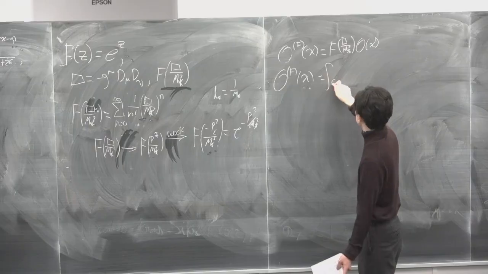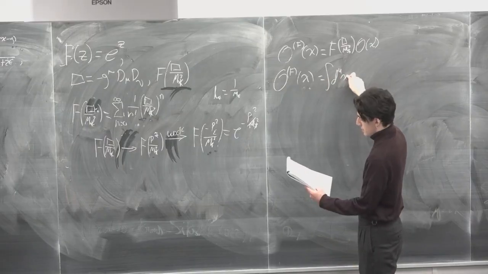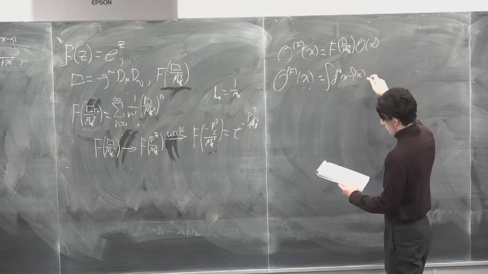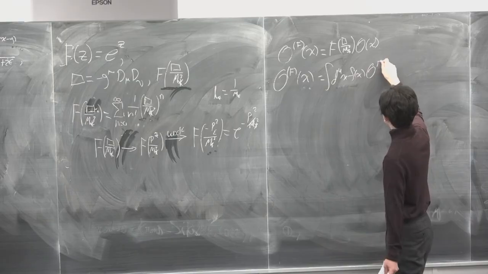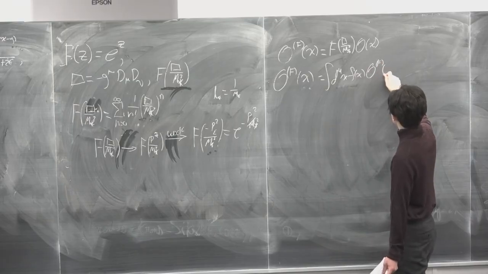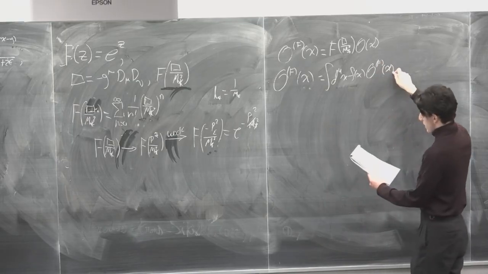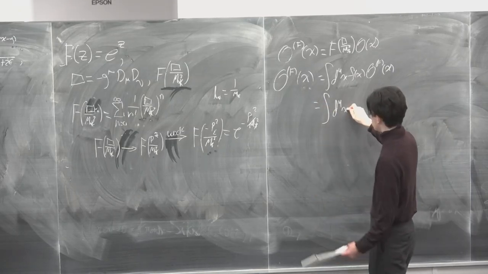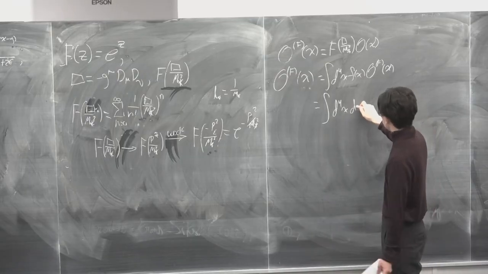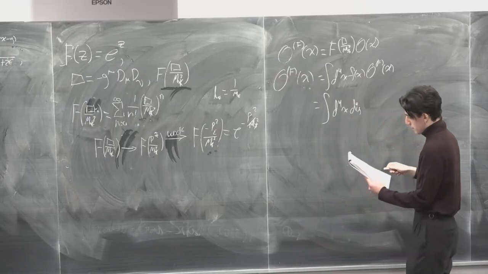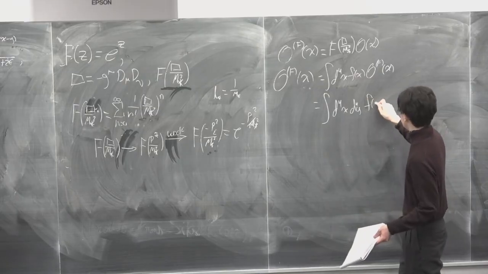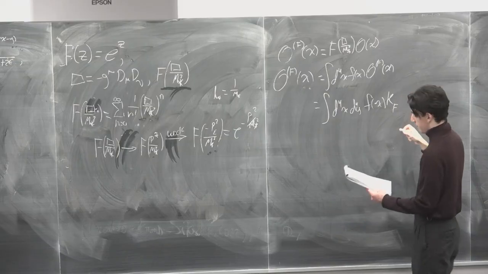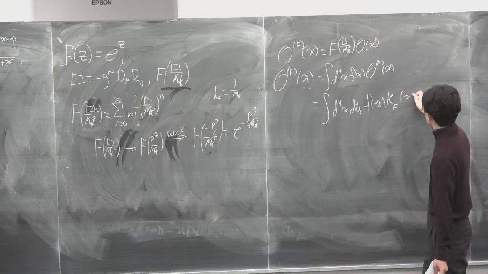It's the integral d4x f of x, some test function, is your non-local observable. And then this is equal to d4x d4y f of x k f of x minus y.